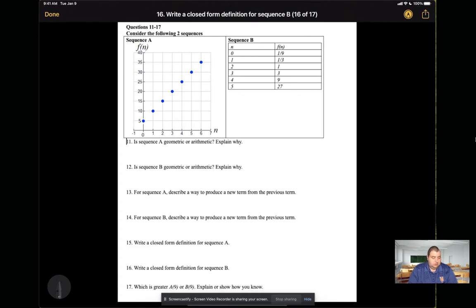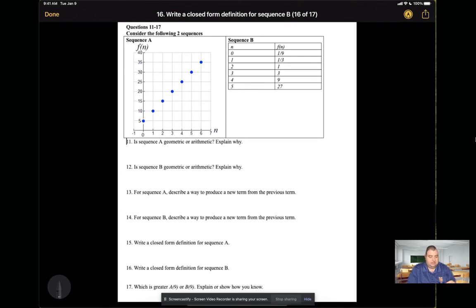Well, if I look at the graph, is the graph exponential or linear? Well, this graph is clearly linear, and we should know that an arithmetic sequence has a graph that is linear. A geometric sequence has a graph that is exponential.